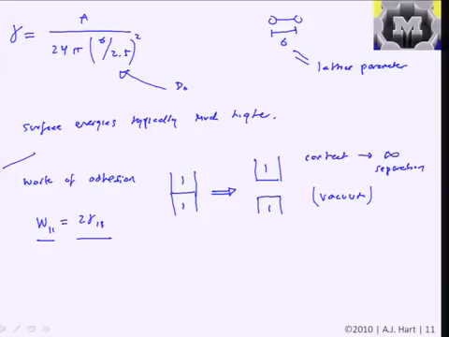But now let's think about what happens if we have two different materials, or we want to understand how to get a picture of the surface energy between two different materials.